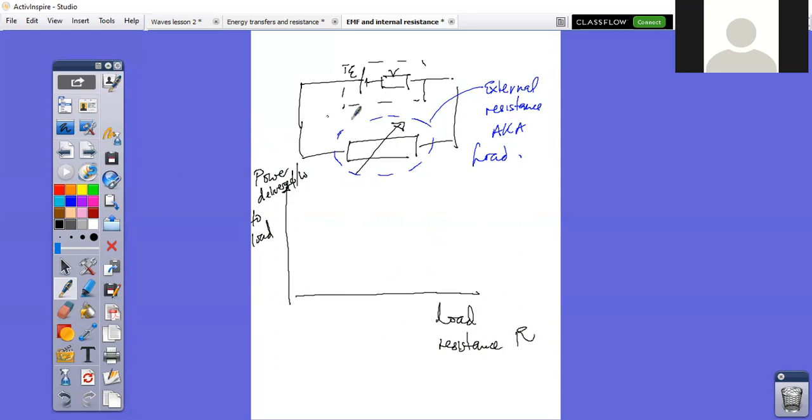How will this vary as I change the value from 0 all the way to some maximum value of R? So this is a variable resistor, so it can go from 0 all the way to some maximum value of R. How will that change? Well, this would look something like this.